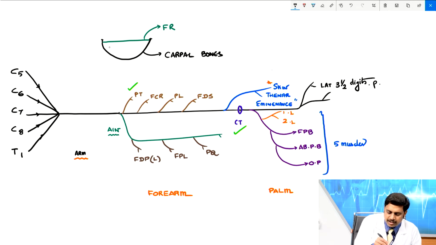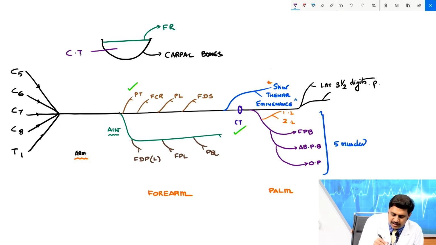These are the carpal bones, just imagine I have drawn them in a line for a schematic. Now, this here is the carpal tunnel, and the median nerve is here, passing through the carpal tunnel.